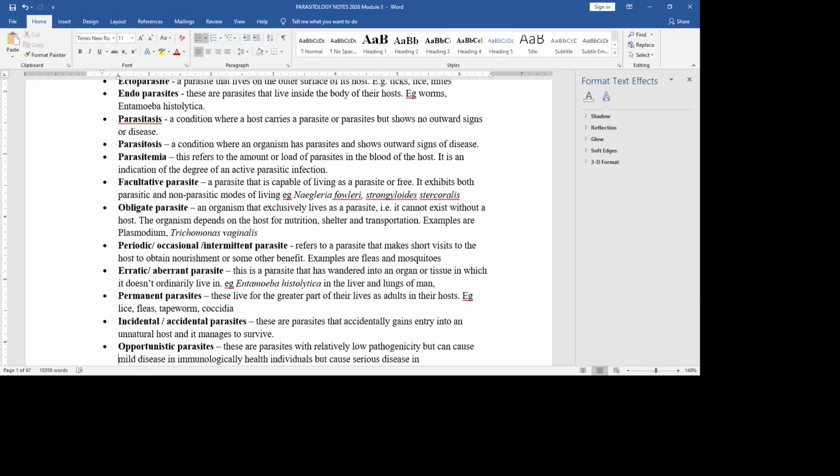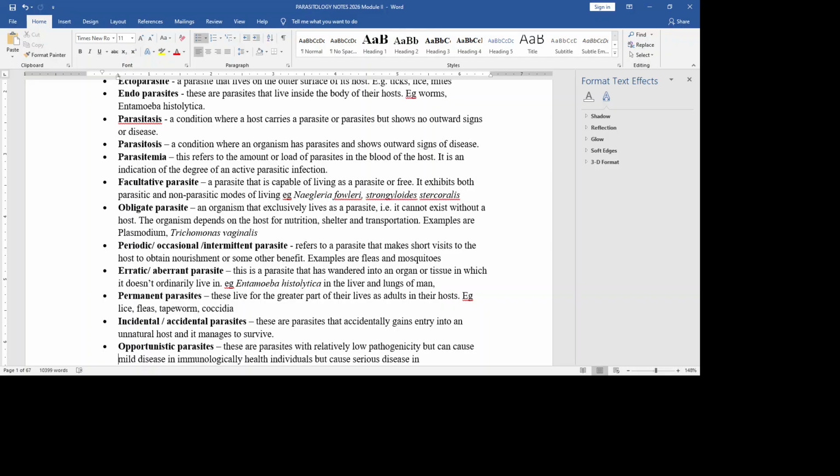Besides that, we have facultative parasite. This is a type of parasite that is capable of living as a parasite, or it can live freely. That means it can exhibit both parasitic and non-parasitic modes of living.